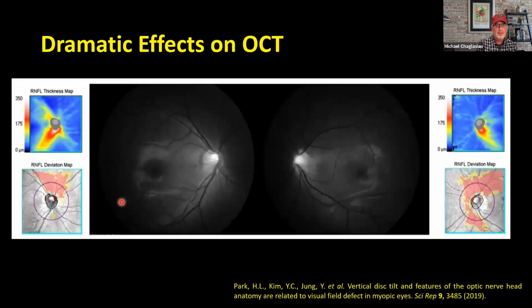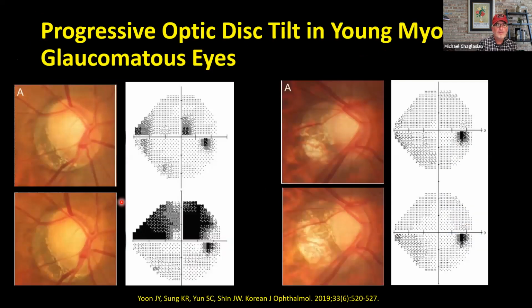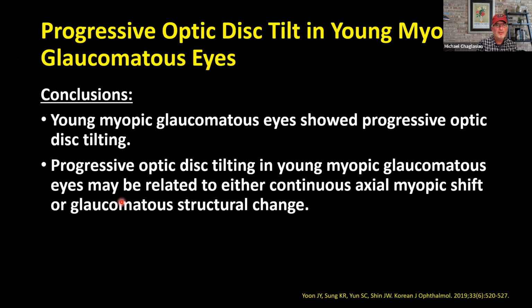What is interesting is that some of the articles did find that there can be some progression with the tilting, like progressive myopic degeneration, and that could contribute to some changes on the OCT. Whereas generally, I like to say that glaucoma is a progressive disease, and you can use that to your advantage by waiting for progression before you diagnose a patient.